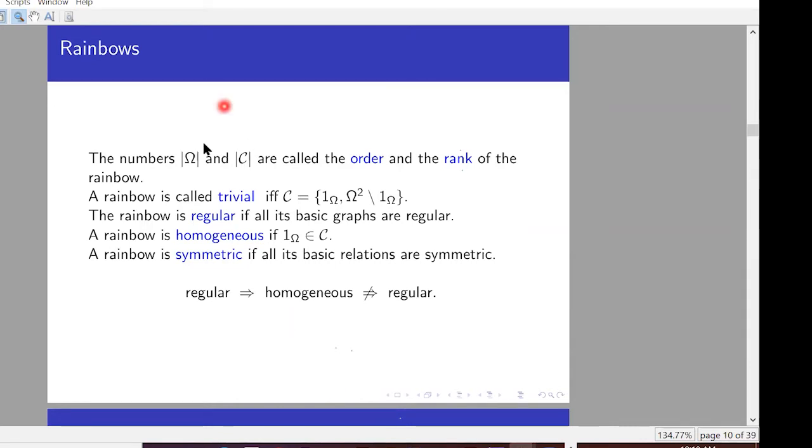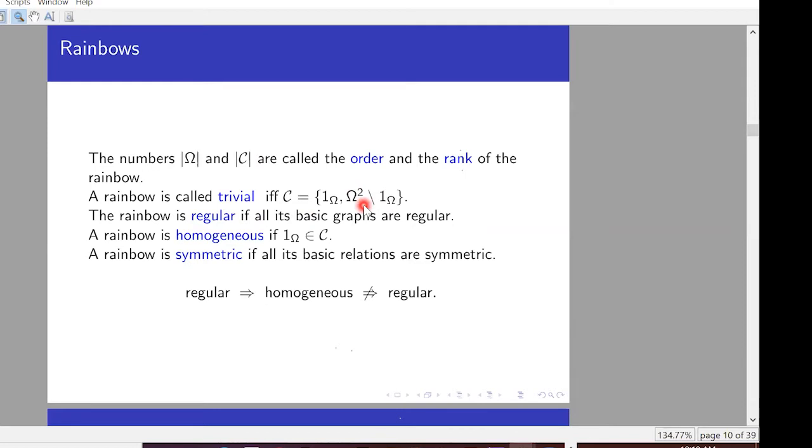So the number of points of a rainbow is called order. The number of colors is called rank. A rainbow is trivial if you use one color for loops and another color for non-loops. In the case when your omega has just 1 point, this relation is empty.